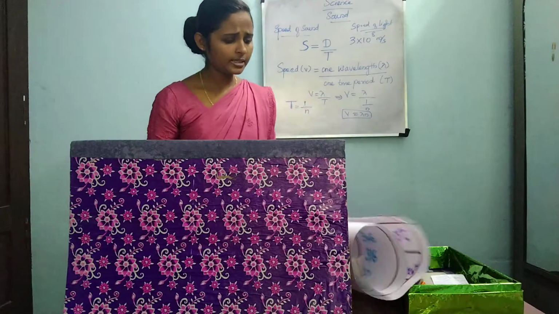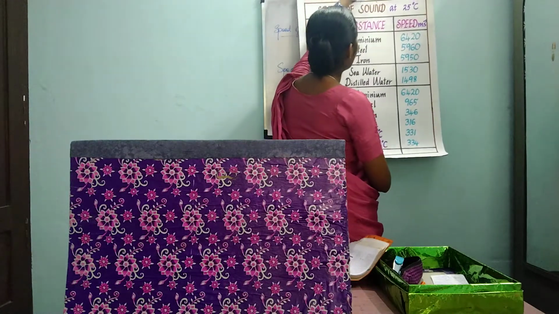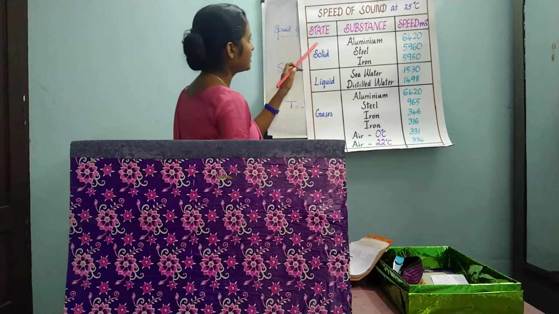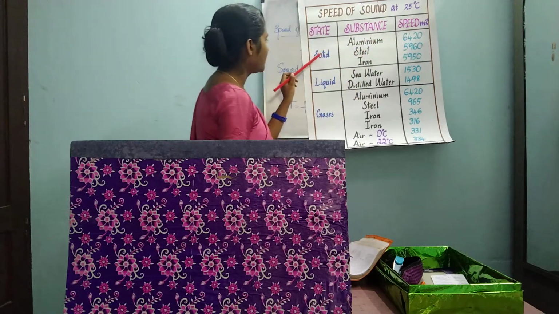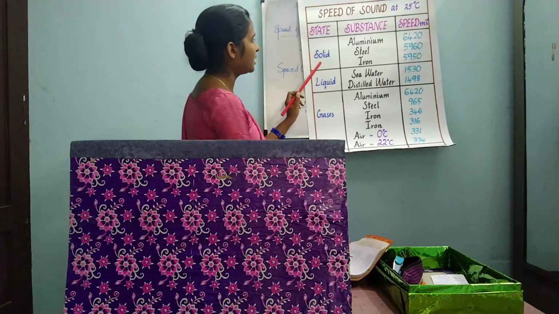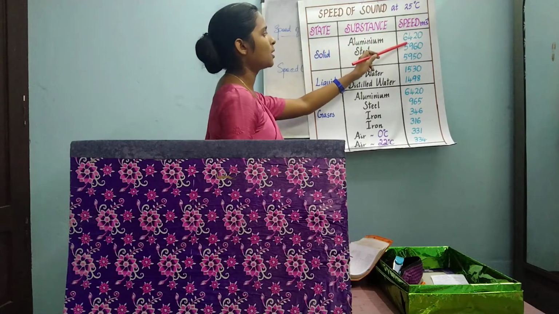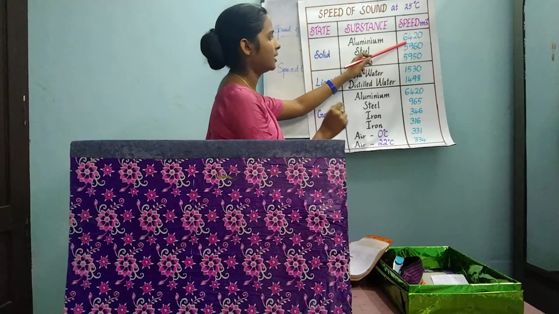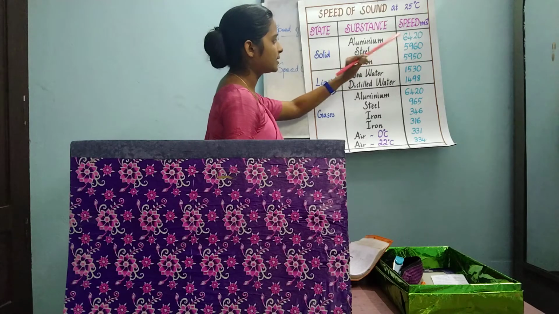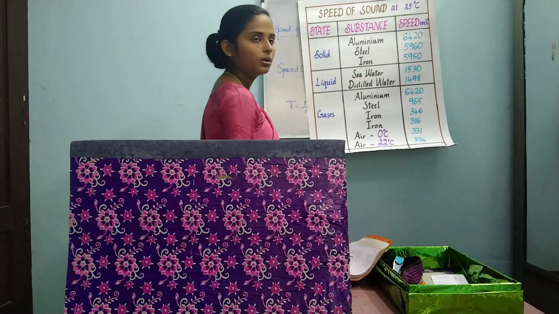Okay, let's see a chart. The speed of sound at 25 degrees Celsius. See the state, substances and speed. The state may be solid, liquid, or gas. In the solid state, for example aluminium, the speed of sound is 6420, in steel 5960, and in iron 5950.